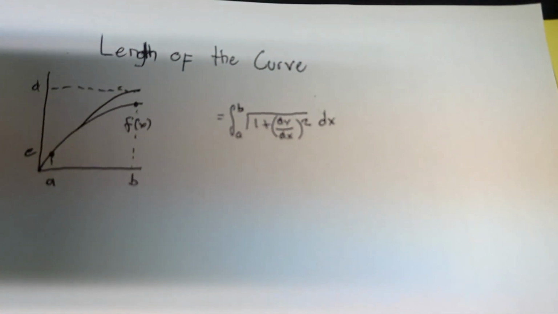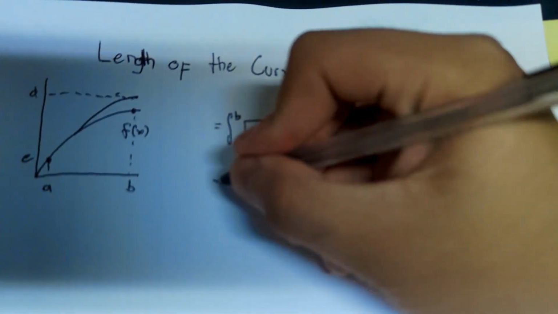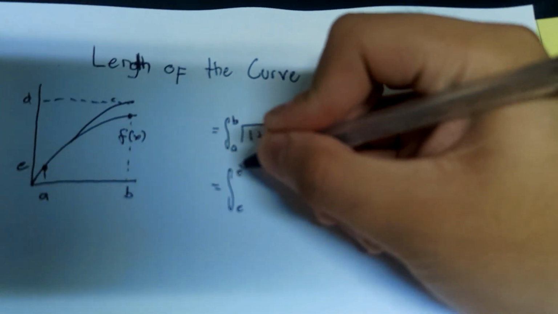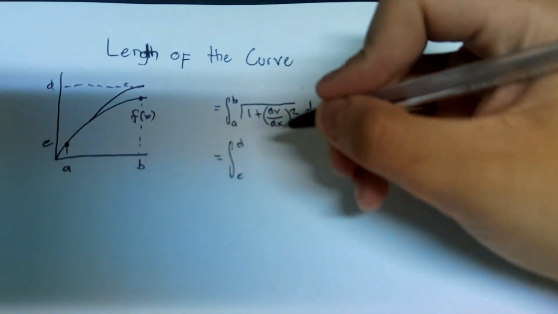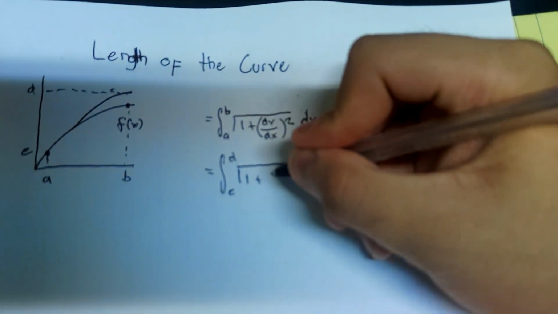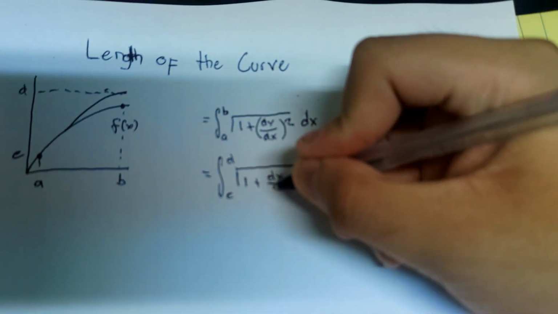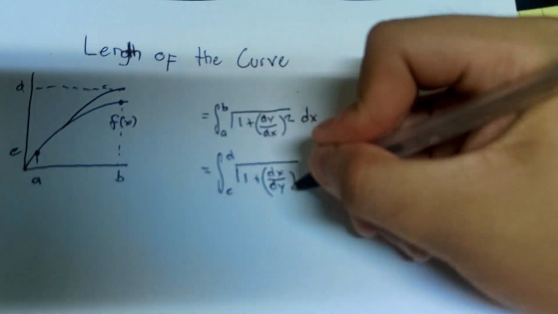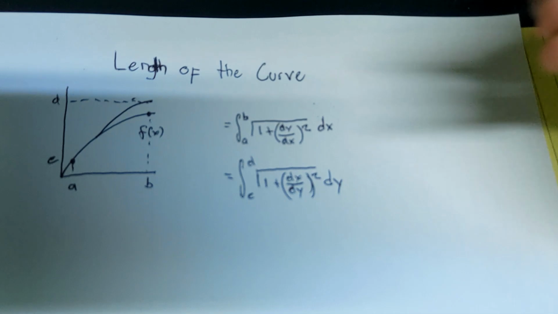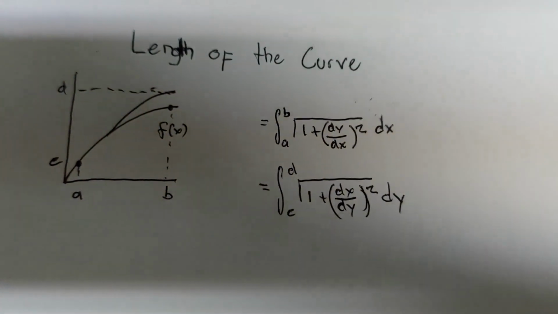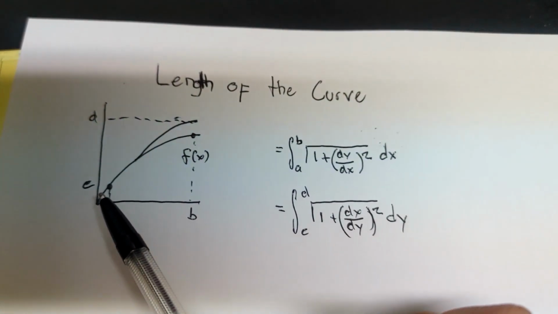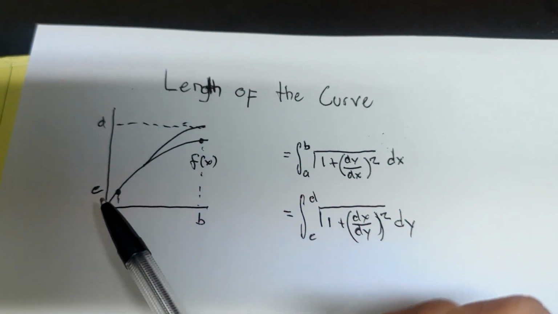We use this formula: the integral of c to d of the square root of 1 plus (dx over dy) squared times dy. This is the formula that we'll be using for finding the length of the curve with limits of c to d.